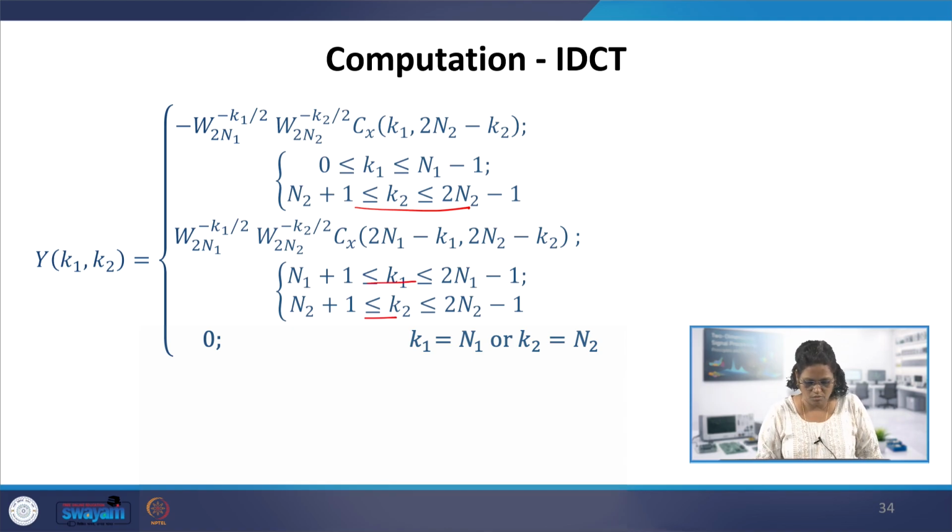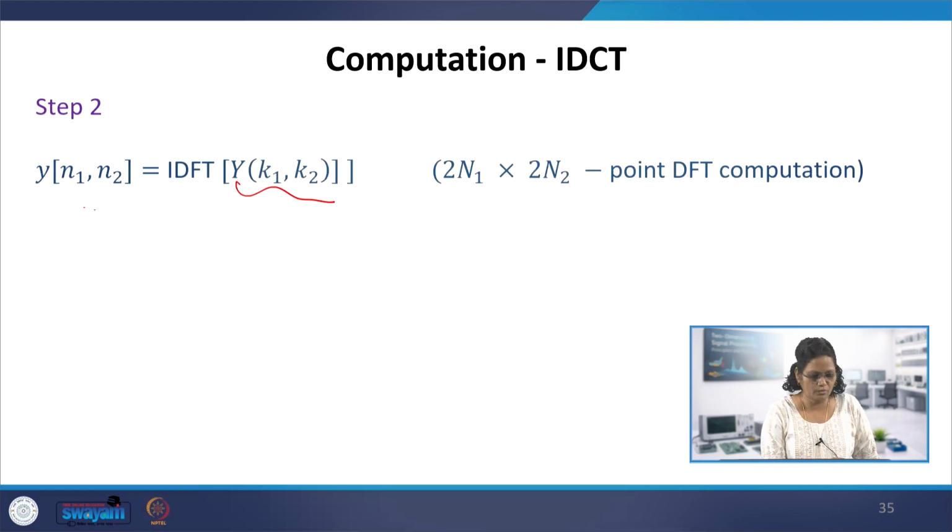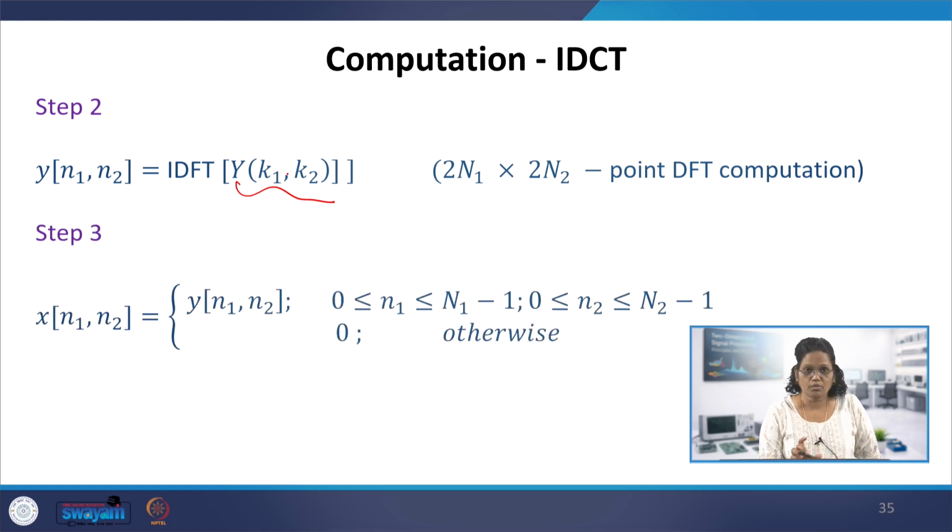So y of k will have all these 4 patches. Then take the inverse DFT of this. That is step 2, y of k1 comma k2 giving y of n1 comma n2, and this DFT computation is 2n1 cross 2n2. Then step 3, collecting only the n1 and n2 coefficients in both the directions, y of n1 comma n2, and from that get x. So these are the steps used in the DCT.